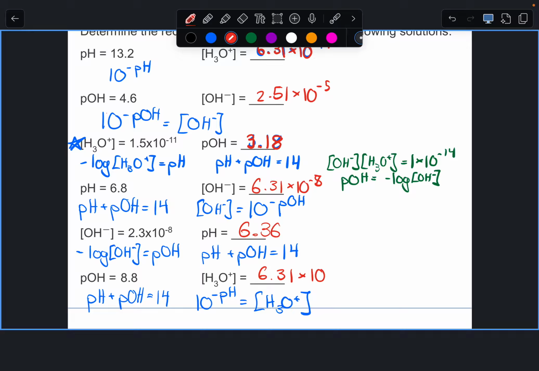Okay, I don't know why it keeps coming up as 6.31. That's like some weird coincidence about the numbers that I picked initially.